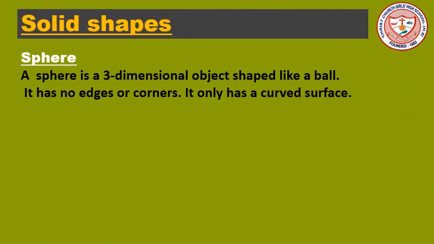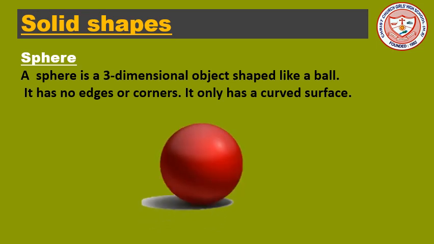Girls, let us learn about sphere. A sphere is a three-dimensional object shaped like a ball. It has no edges or corners. It only has a curved surface.